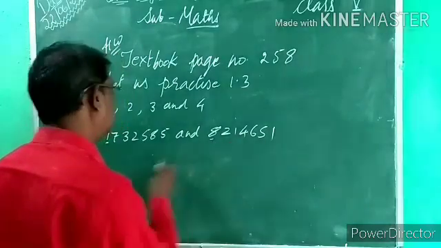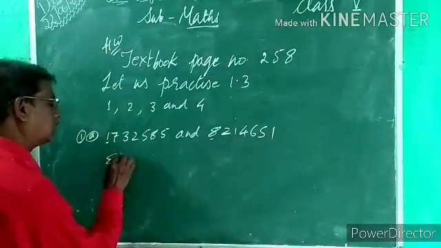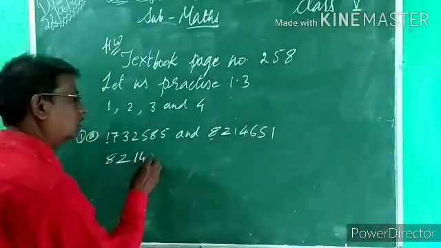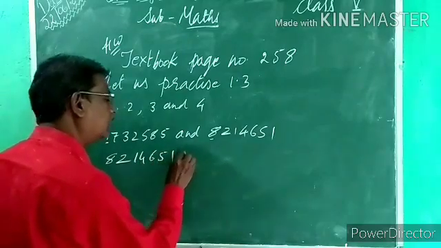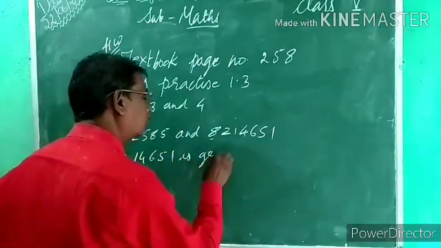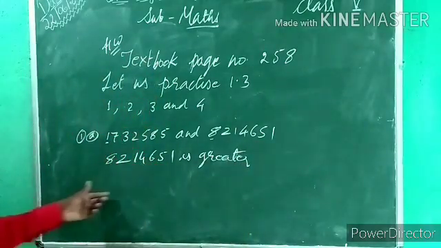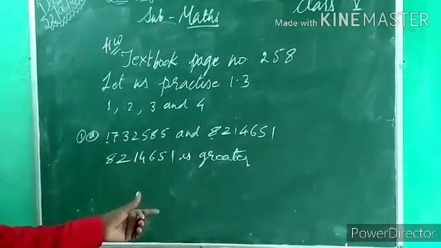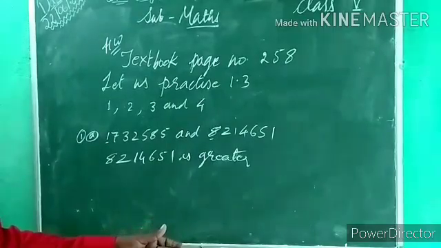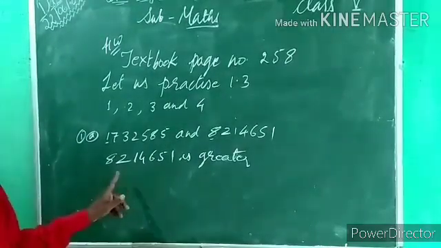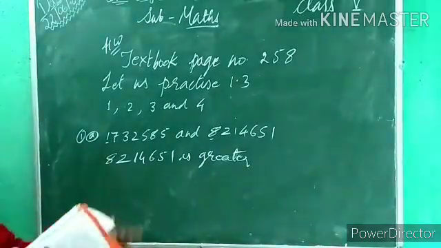This number is greater, isn't it? So we have to write here 82 lakh 14,651 is greater. We have to find out which one is the greater number, and that number we have to write as the answer. So in this way, B and C examples you have to do. I explained one example from the first, B and C like that only.